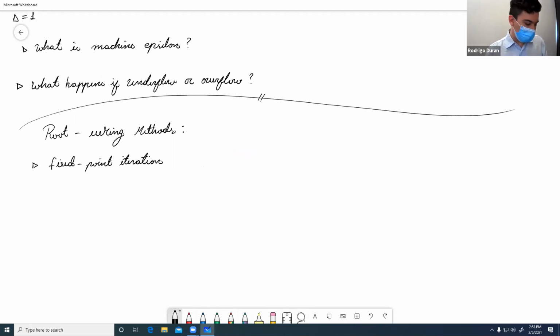So, fixed point iteration, and know how to write the fixed point form. What I mean is, if I give you a function, can you write it in fixed point form? The fixed point form is where you solve for the independent variable.